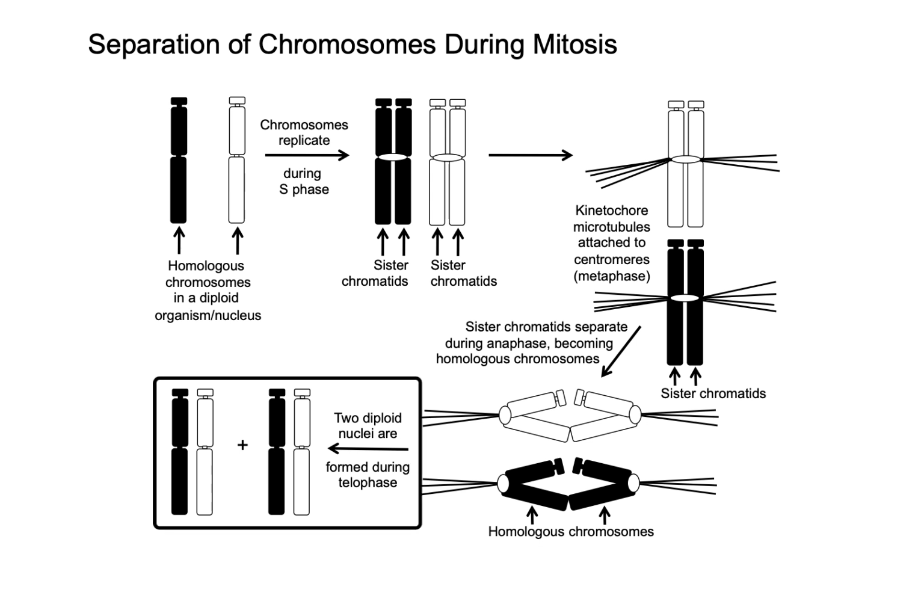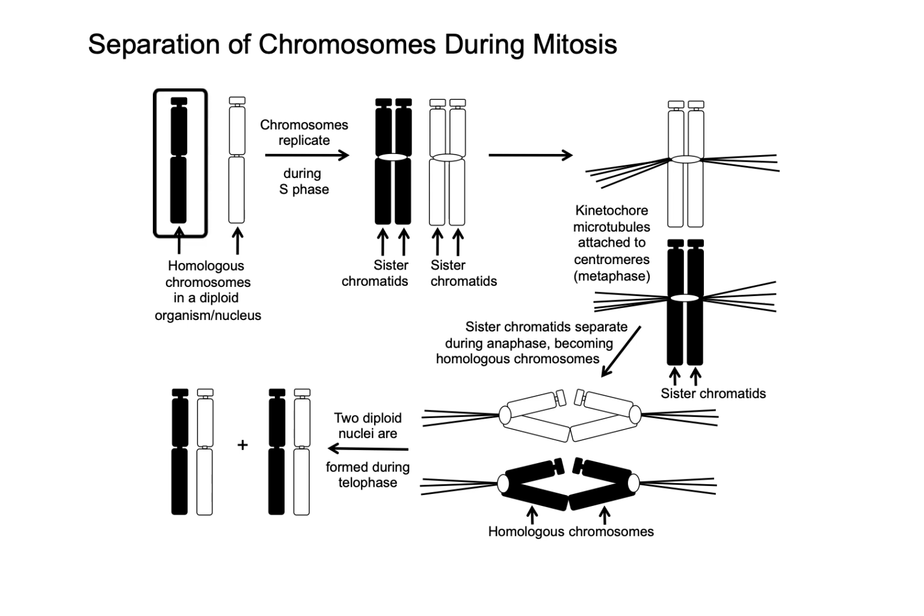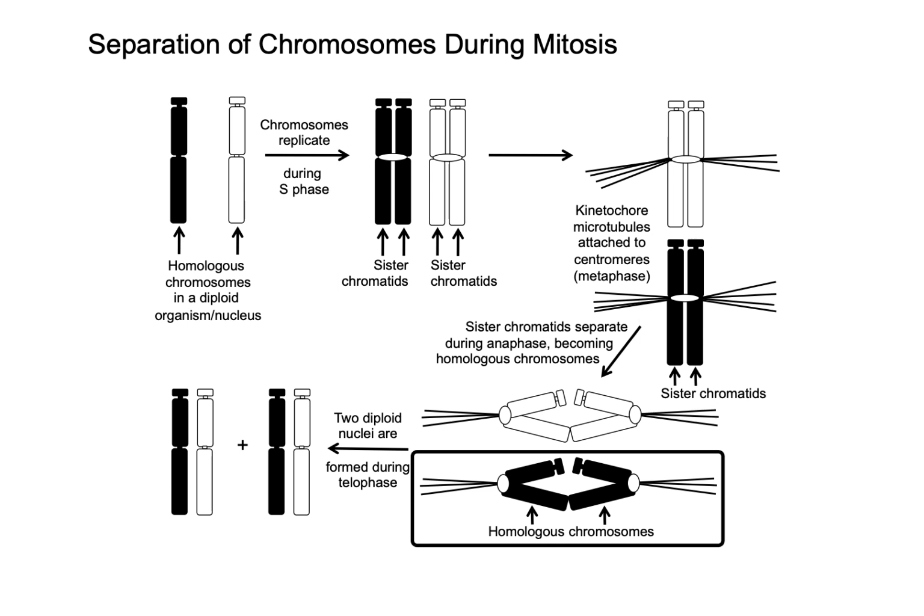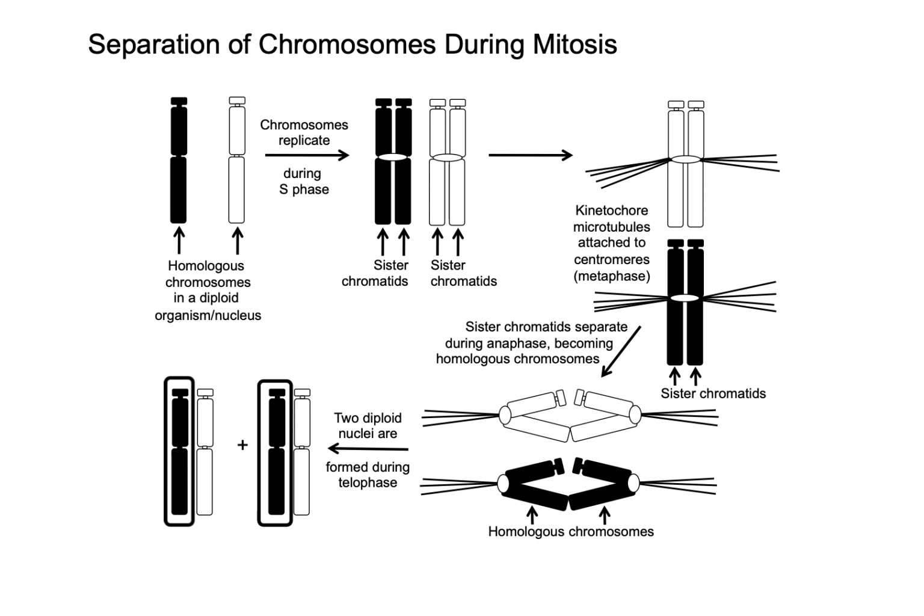And you wind up with now two nuclei, or two cells, each with a pair of those homologous chromosomes again. If this were a haploid cell, then you would just start with one of these chromosomes, build up to two chromatids, separate those, and then wind up with a haploid set of nuclei as well, two of them.